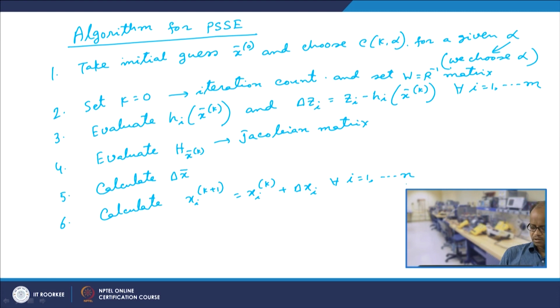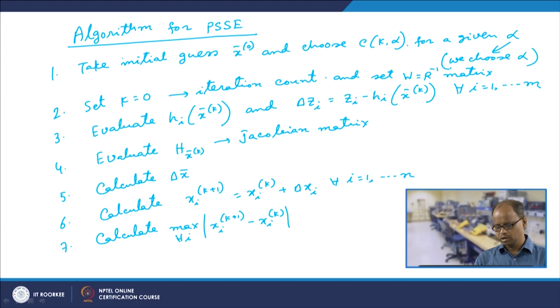Then calculate the max of the absolute value of x i at k plus 1 minus x i at k for all i. Let us say this is epsilon, let us say this is E, E is equal to this.